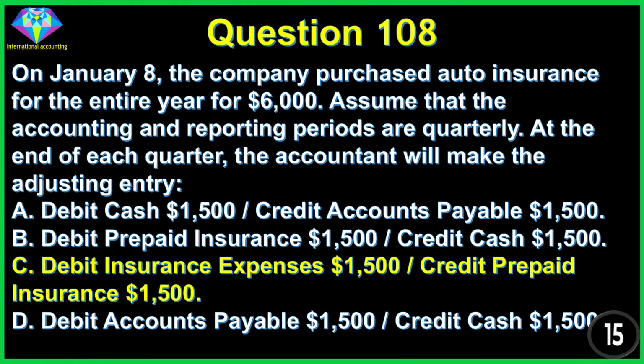The answer is C. Debit insurance expenses $1,500 per credit prepaid insurance $1,500.